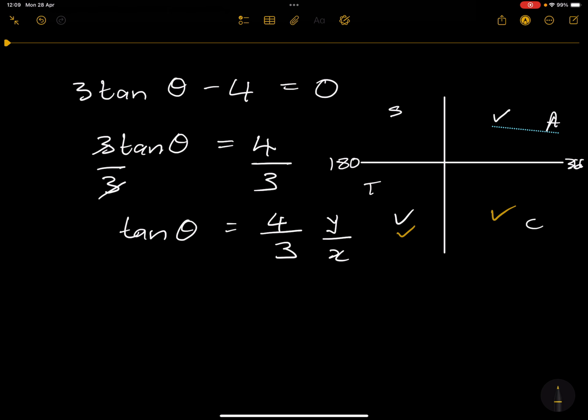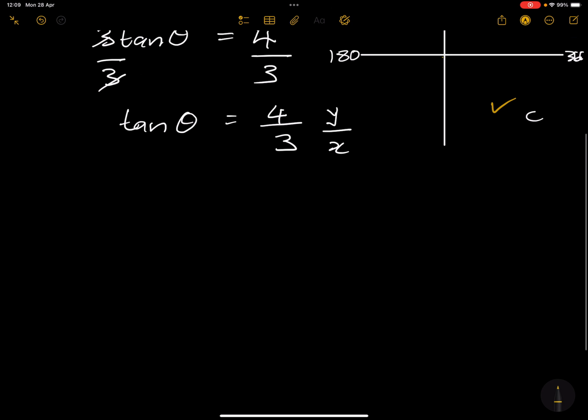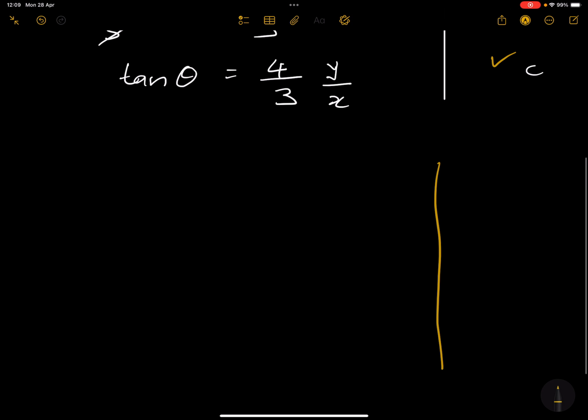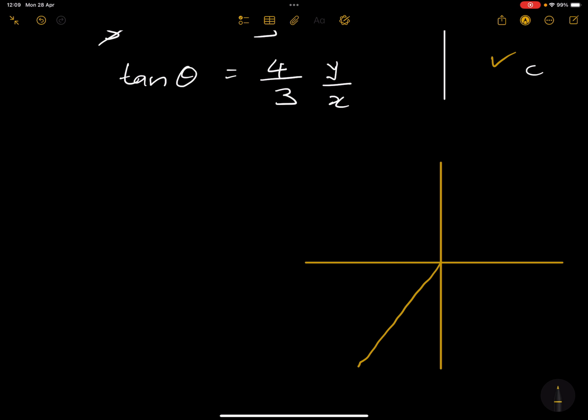Where do we have 2 ticks? Definitely in the third quadrant. So therefore, this is where we are going to draw a triangle. All right, because I'm trying to get some more space here, allow me to draw that over there. So we said that our y value is 4 and x value is 3.